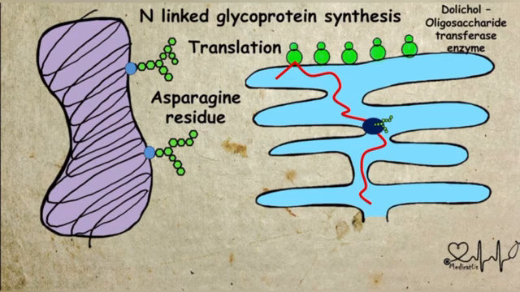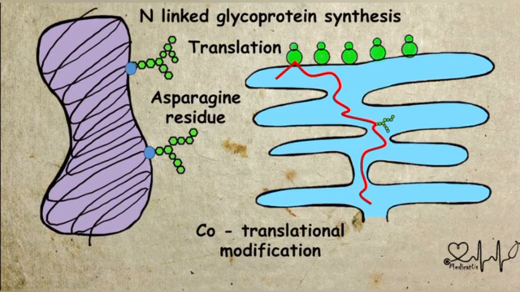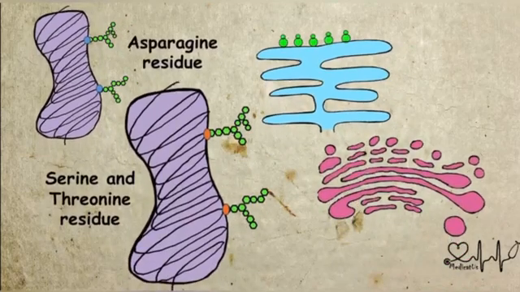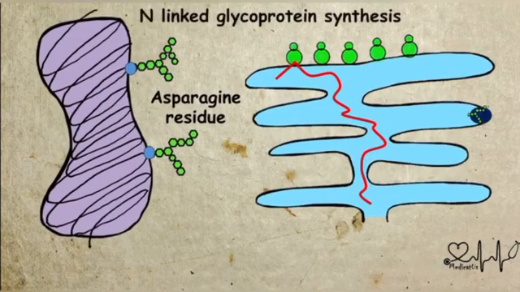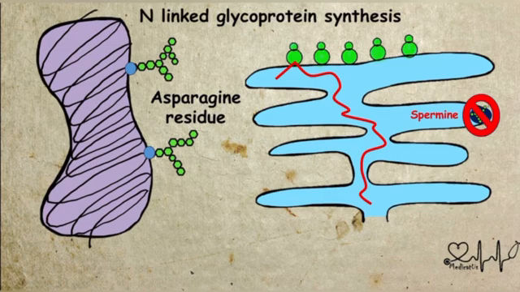That means N-linked glycoprotein synthesis is a co-translational modification, whereas attachment of the carbohydrate side chain to serine or threonine does not require any carrier, and it occurs after translation is finished and when the protein reaches the Golgi apparatus. It means O-linked glycoprotein synthesis is a post-translational modification. And in case of N-linked glycoprotein synthesis, this dolichol enzyme is inhibited by spermine.